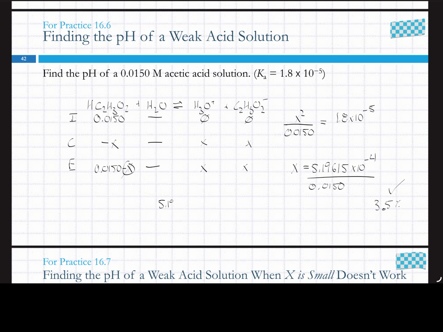So 5.196, wait, 2 sig figs, 5.2 times 10 to the negative 4.